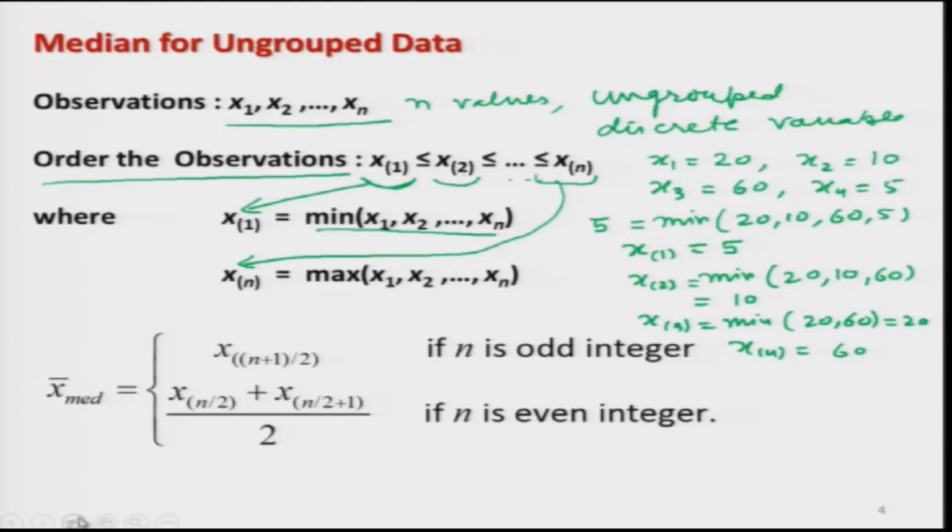So, you can see here what the relationship is. The first ordered value x(1) is the same as the fourth unordered value.